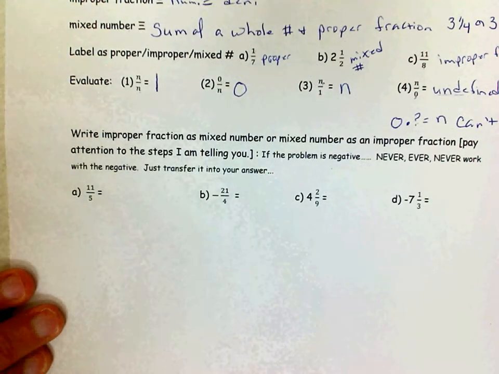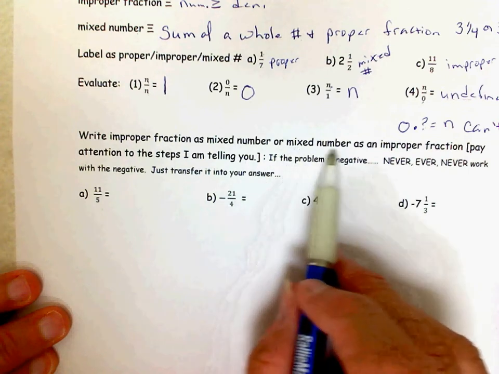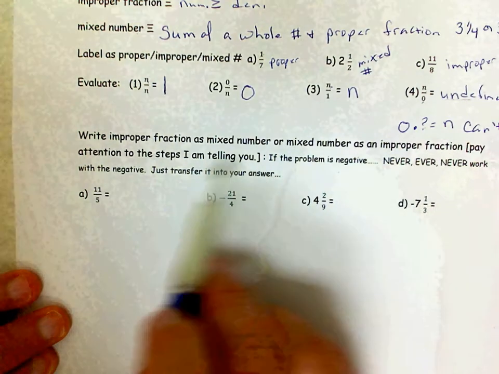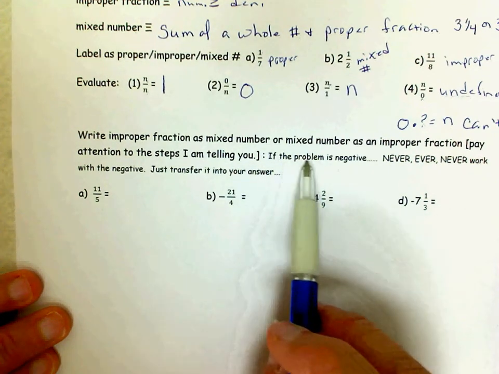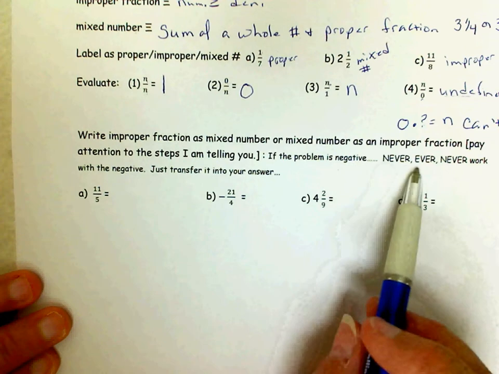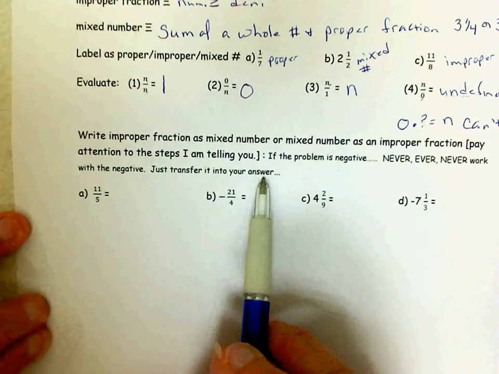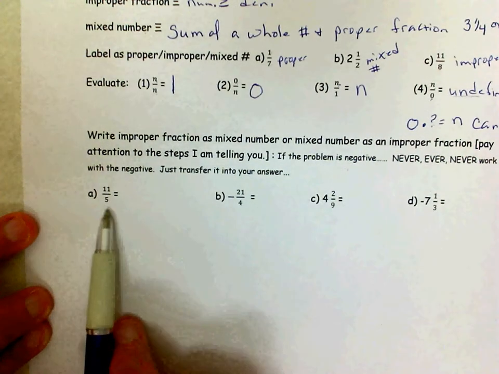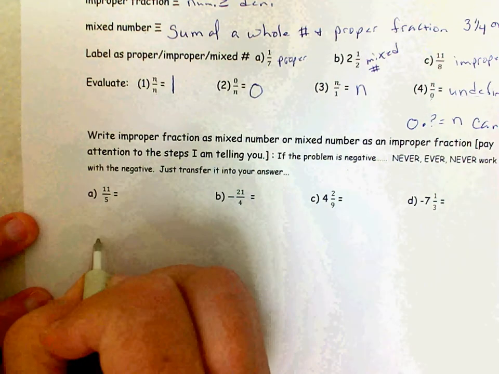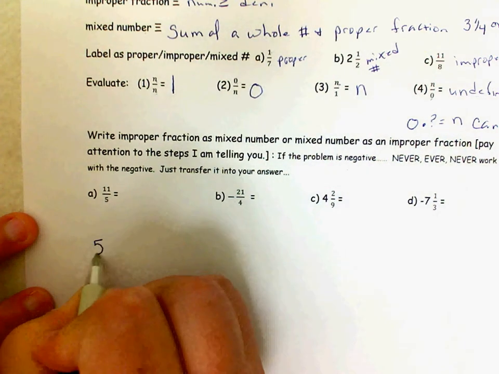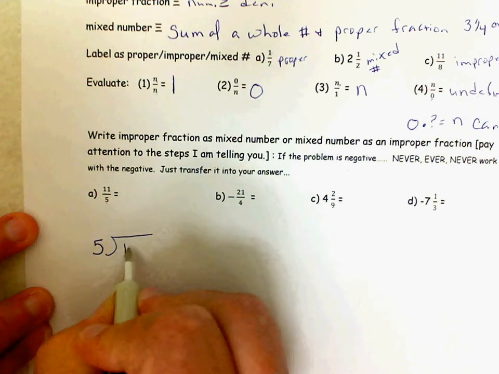Now, write improper fraction as a mixed number, or if it's a mixed number, write it as an improper fraction. Pay attention to the steps I'm telling you as I go. Now, if this kind of problem is negative, never ever work with the negative. Just transfer it into your answer. Now, when you have an improper fraction and you need to make it into a mixed number, the steps are you take the divisor and you divide it into the top, or the numerator.